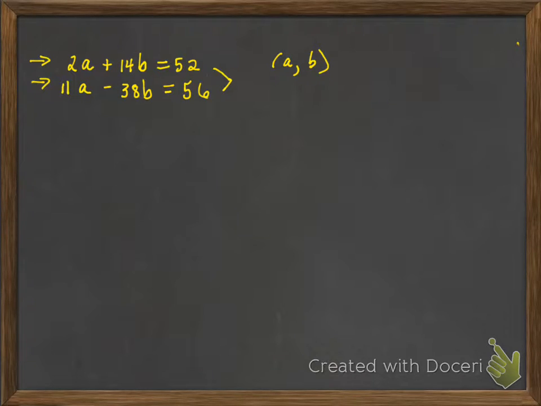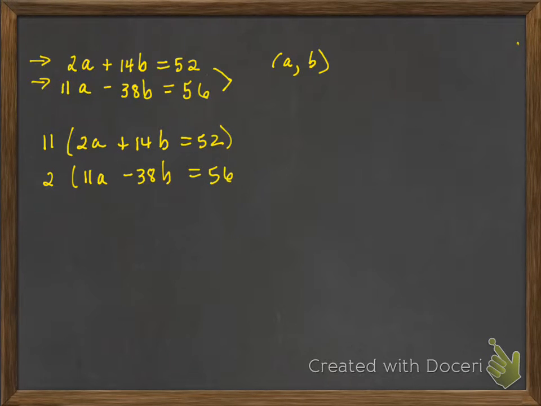eliminate it. So for example, if I multiply the top by 11 and the bottom by 2, which is what they did, so 11 times 2a plus 14b equals 52, and then the bottom one by 2, right? As long as you multiply both sides of the equation by the same thing, it stays balanced.